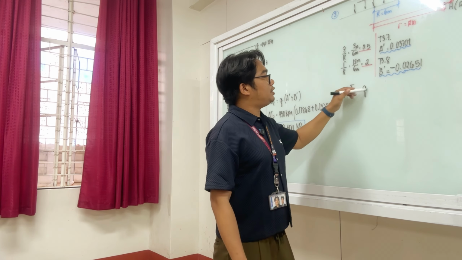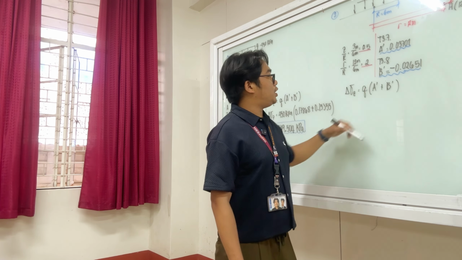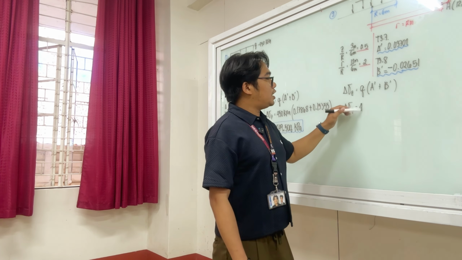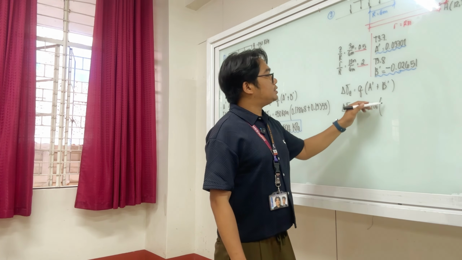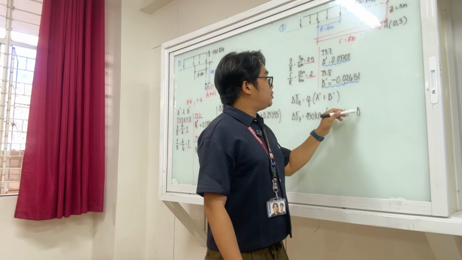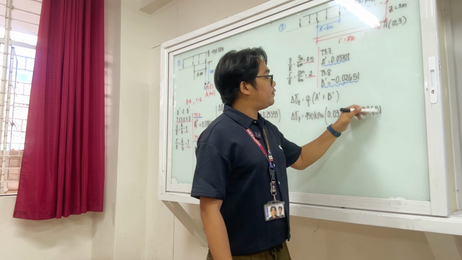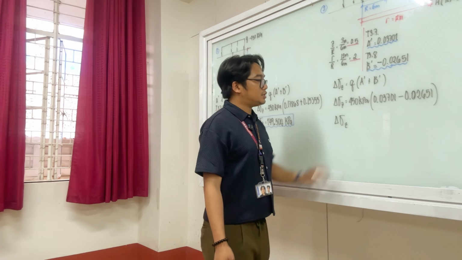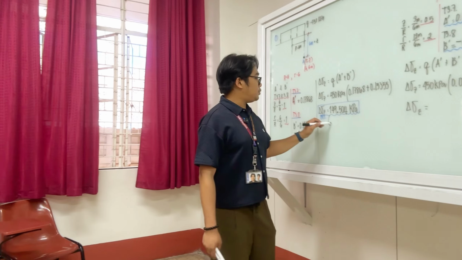Next. Similarly, the increase in vertical stress would just be Q times A prime plus B prime. So this would be 450 kilopascal times A prime, 0.03701, plus minus 0.02651. What is the increase in vertical stress?